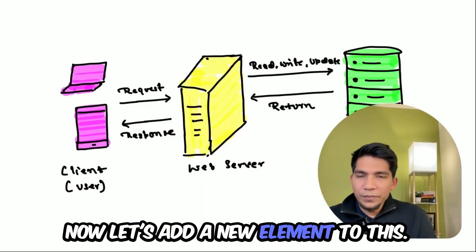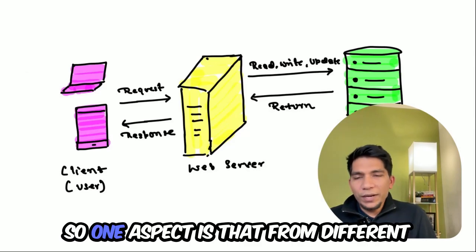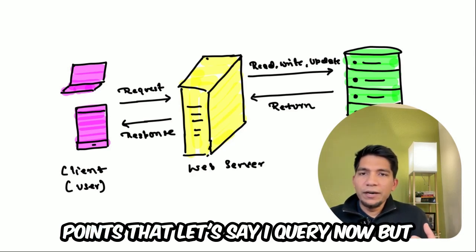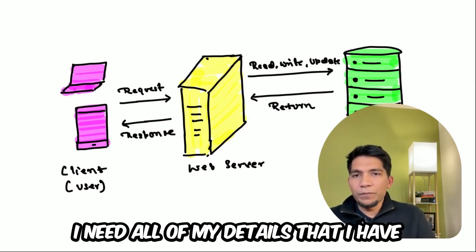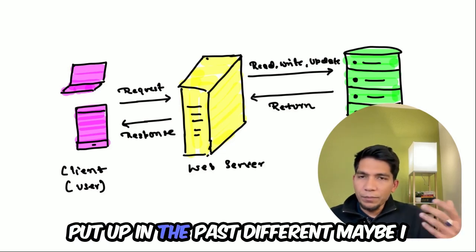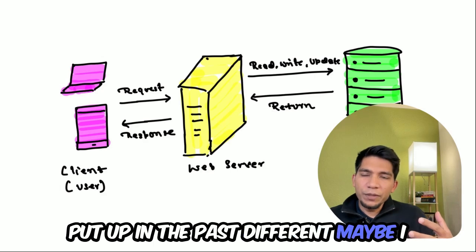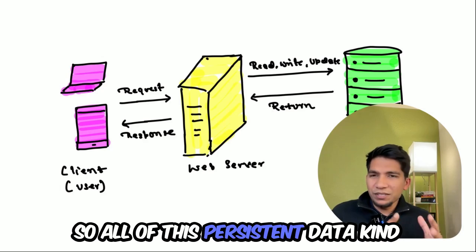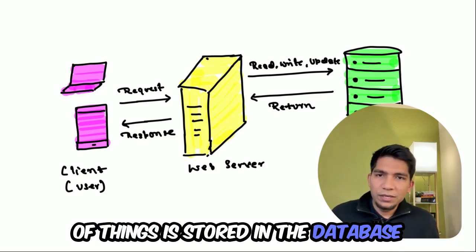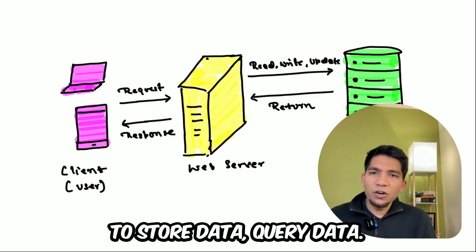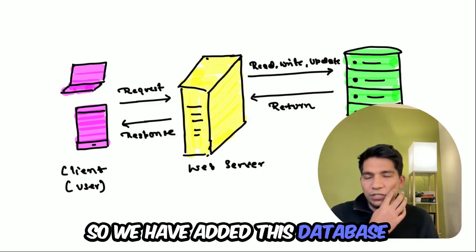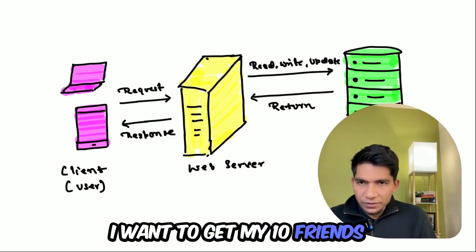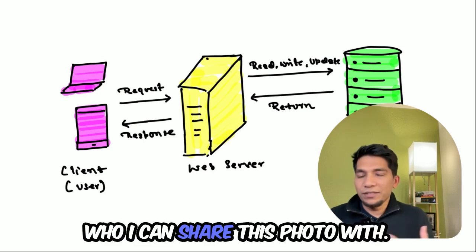Now let's add a new element to this. From a different session, you might need certain data points. Let's say I query now, but I need all of the details that I have put up in the past, and maybe I also need to know about 10 of my friends. All of this persistent data is stored in a database, which makes it really easy to store and query data. So we've added this database to the architecture. Let's say I want to get the 10 friends I can share this photo with.